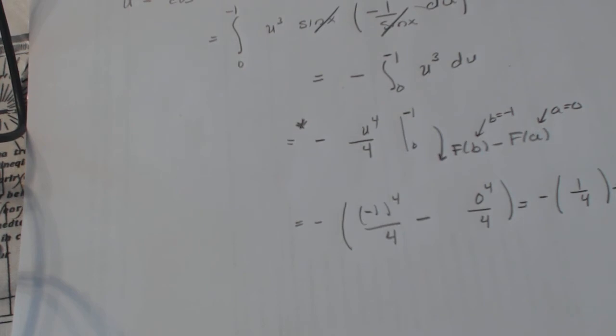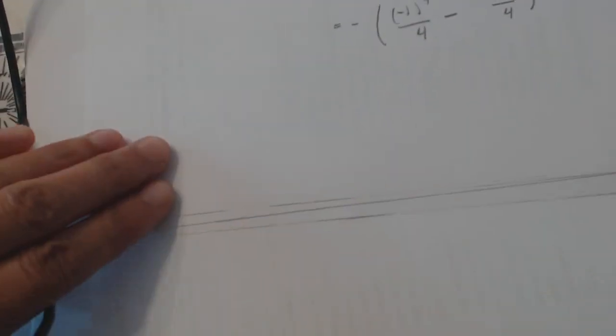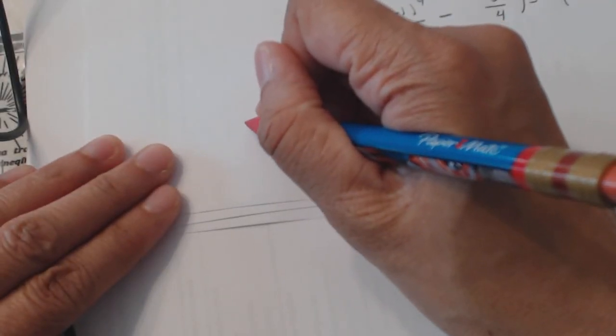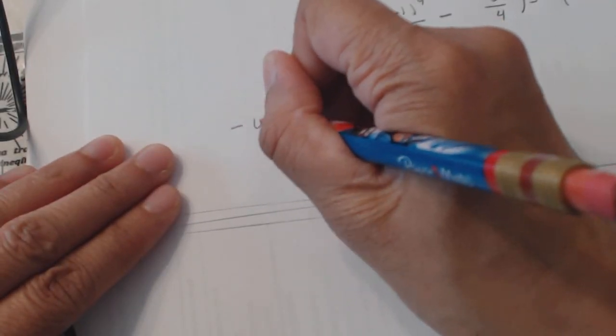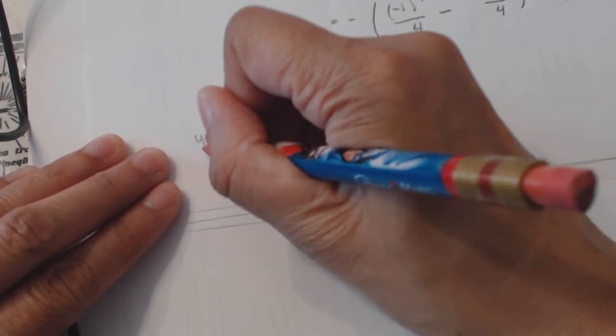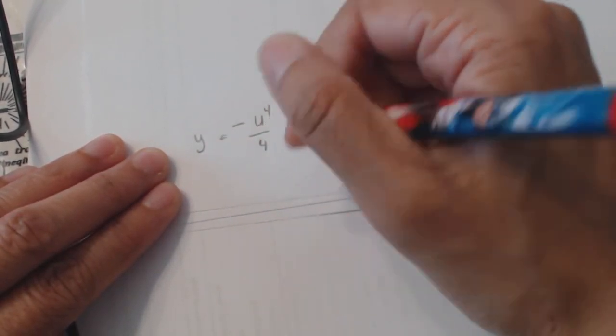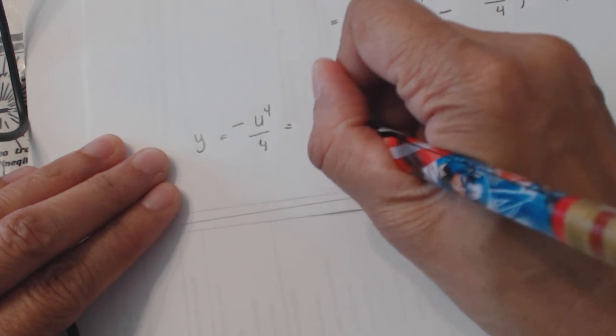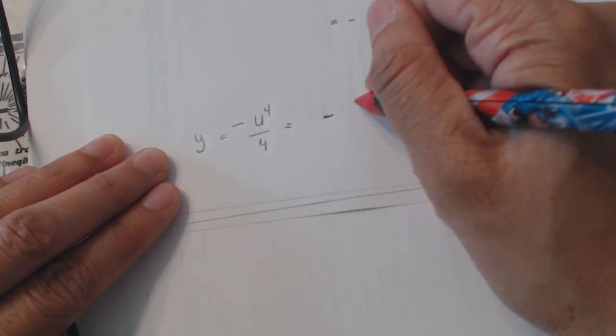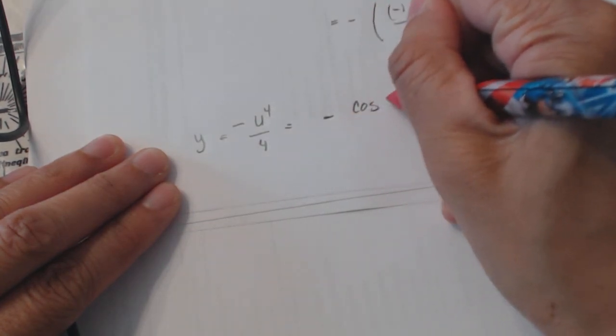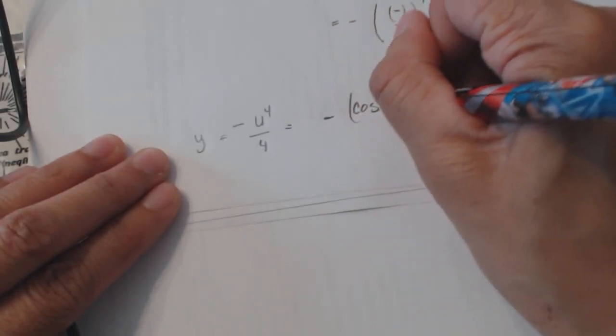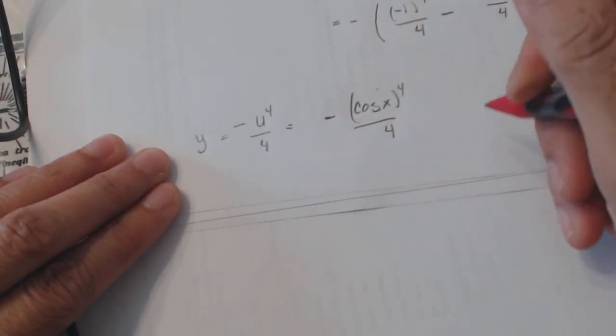So how do we check our work? Quick check. When I took the antiderivative, I got minus u to the 4th over 4. Let's ignore that plus C. We need less trouble. That's really minus, in this case, u was cosine x, to the 4th over 4.